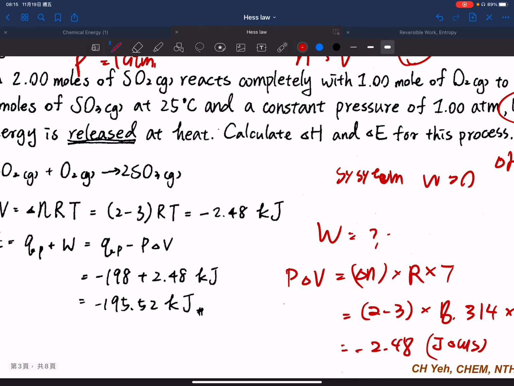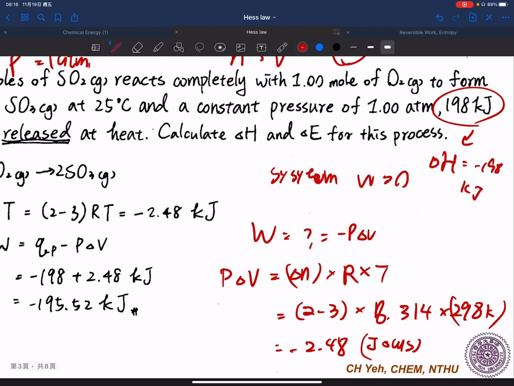We know that W should equal negative P delta V, and since P delta V is negative, negative P delta V is positive 2.48. Sorry, I think I read the number incorrectly, so you should read the number over here.